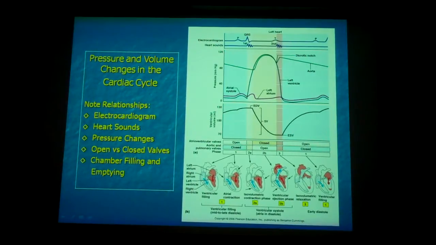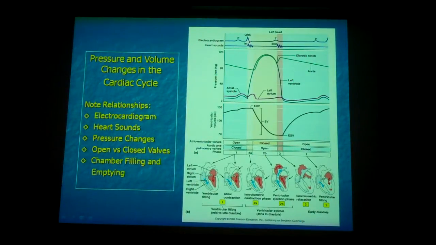All right? Now, this was the electrical event, ventricular depolarization. This is the mechanical event, ventricular contraction. And this T wave here on the tracing represents ventricular repolarization, getting ready for the next beat.